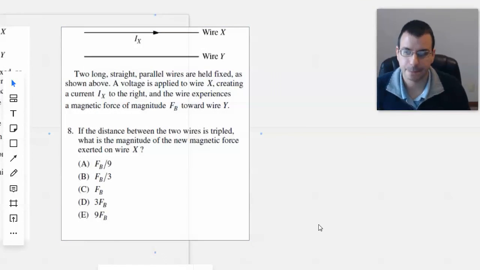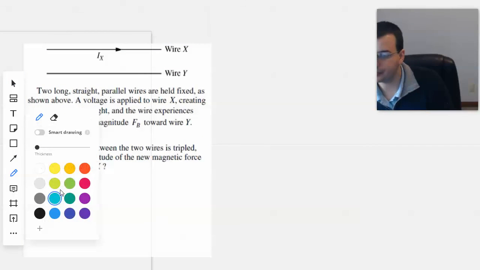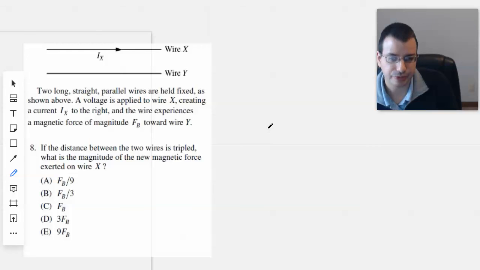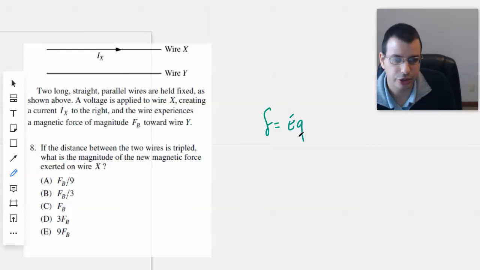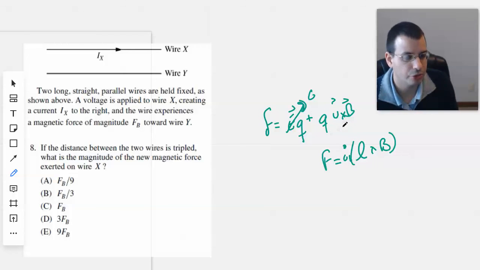Okay. So we can look at F equals E times Q plus QV cross B, which is the same as F equals I L cross B, because this goes to 0, and basically you're just moving one of the dimensions over from the velocity to the charge.